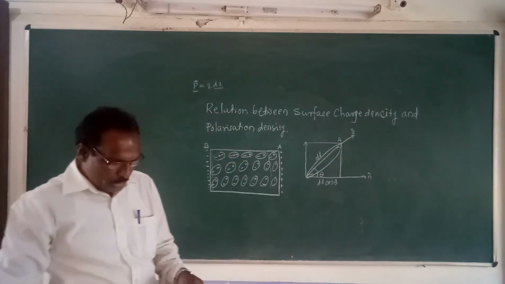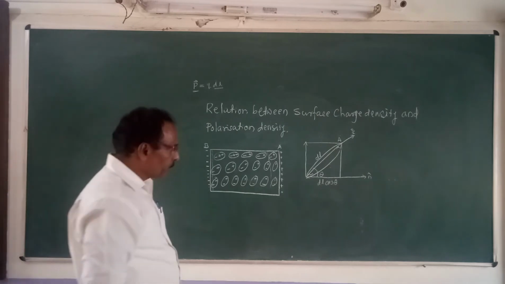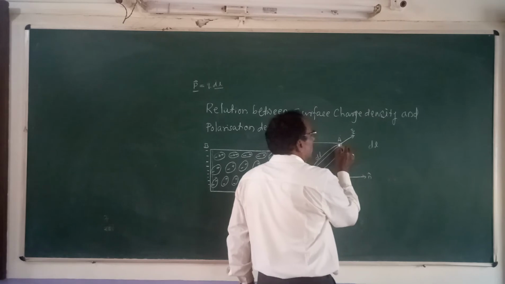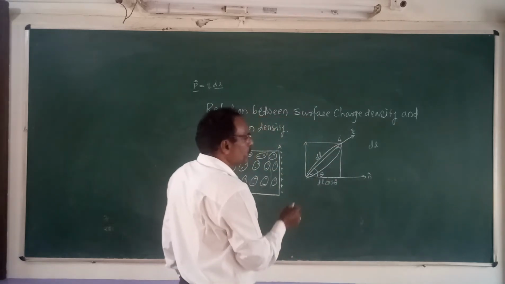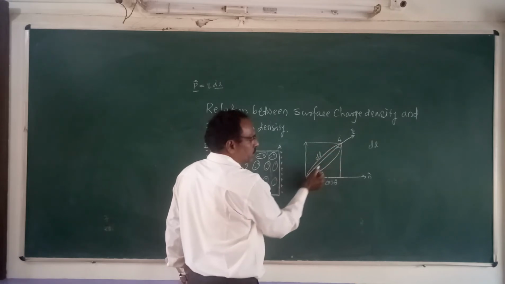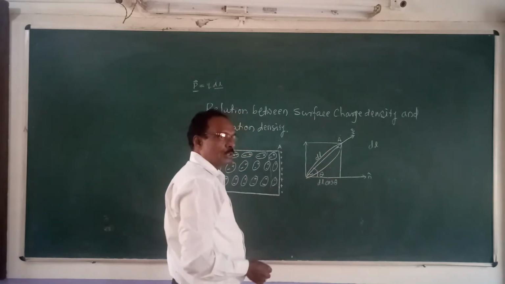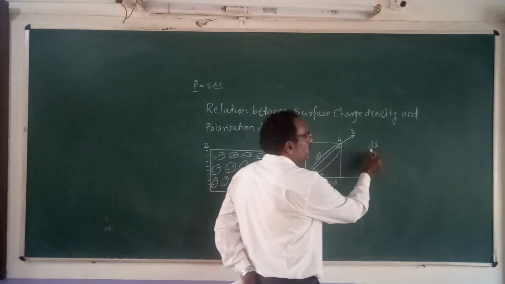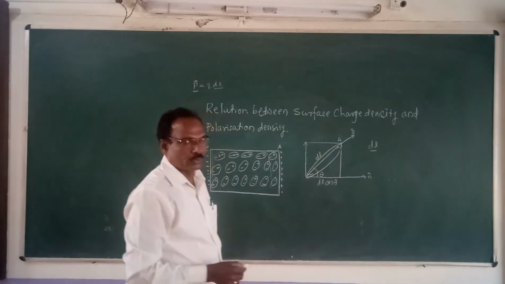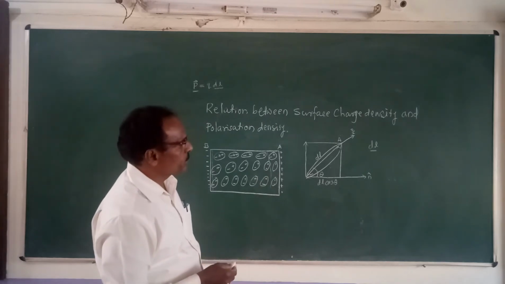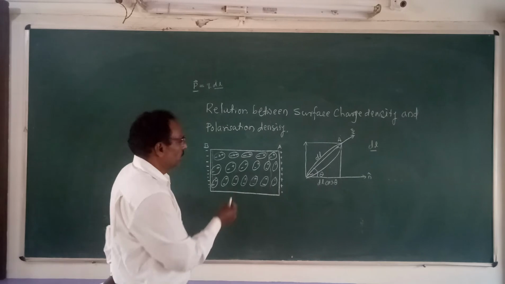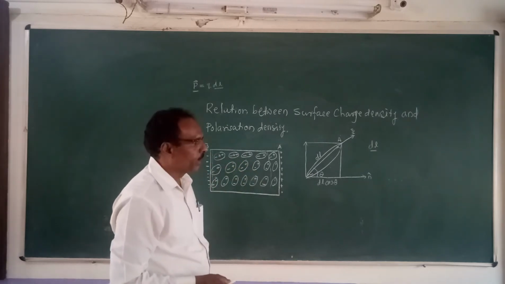The point here is, if dl is the distance between the center of positive charge and the center of negative charge, this happens to be the diameter of a molecule. Almost approximately you can say it is the diameter of a molecule inside the slab.